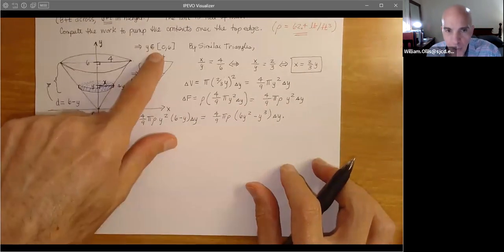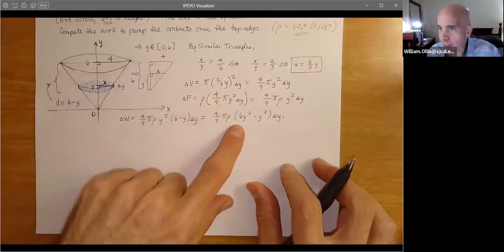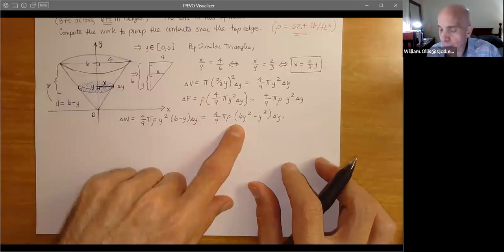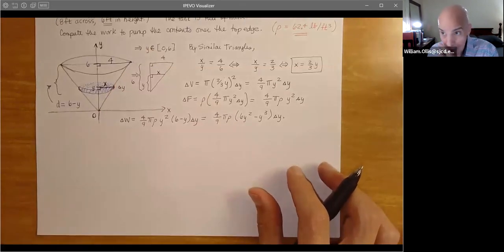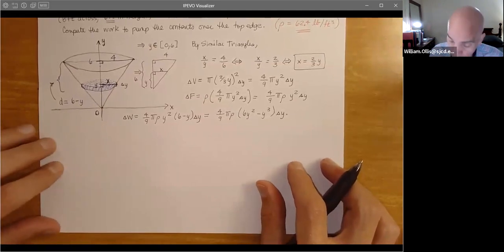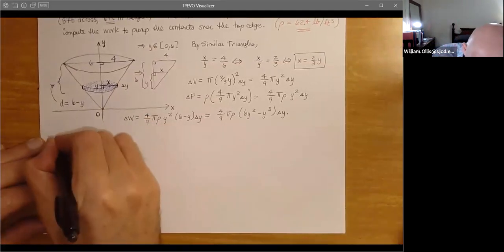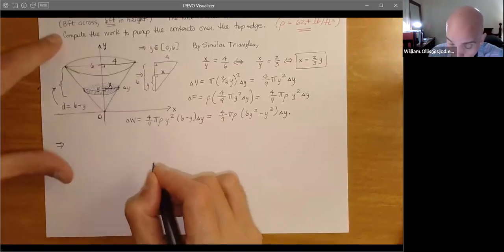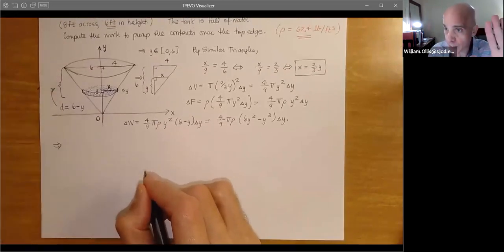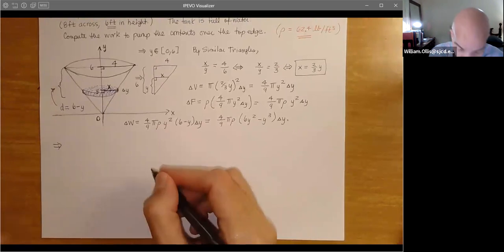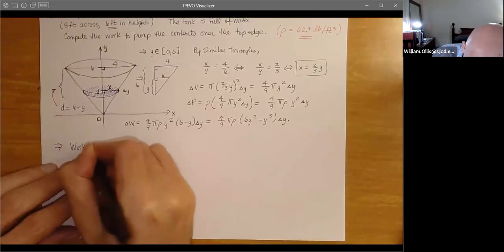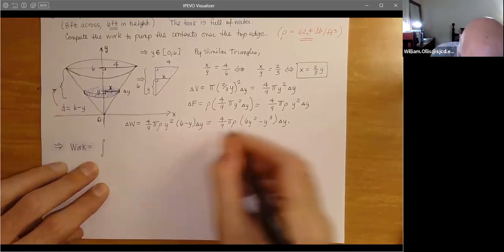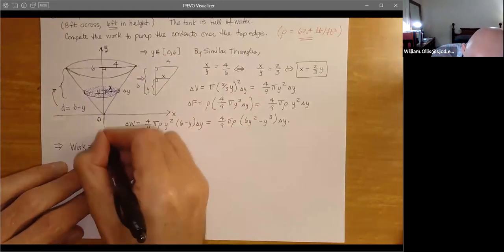So now we've got our interval of integration. We're basically set up with the integrand, at least what we know for each subinterval, and then we let the norm of the partition go to 0. So this implies, again, the work to move all the contents of the tank to the top edge. So we have work equals, again, integral 0 to 6.